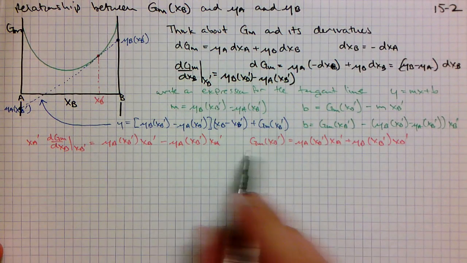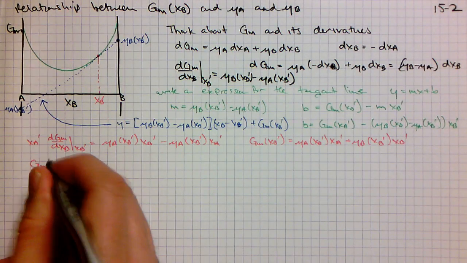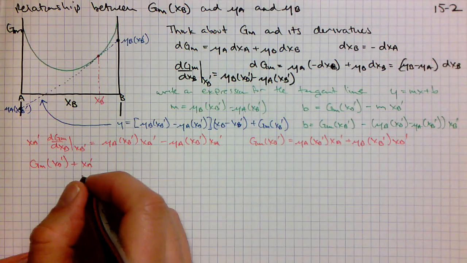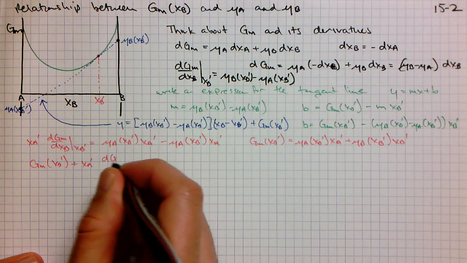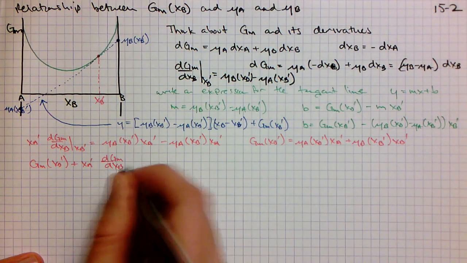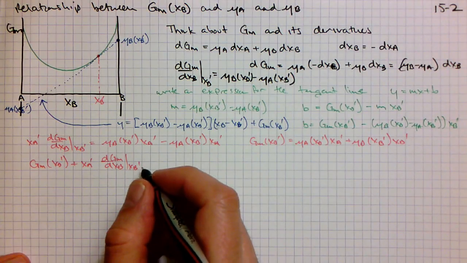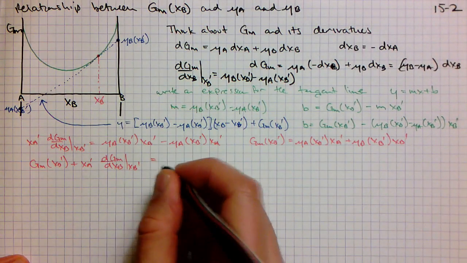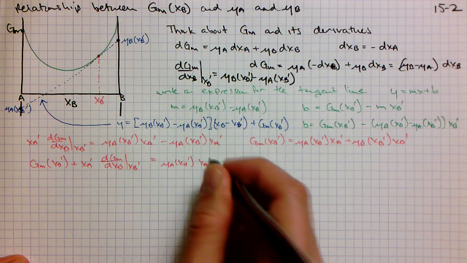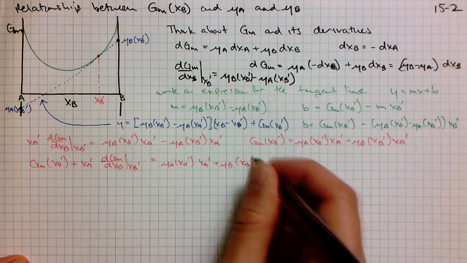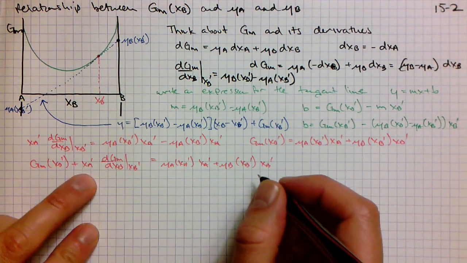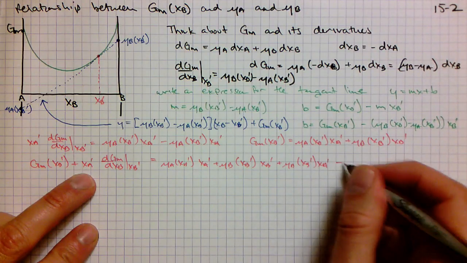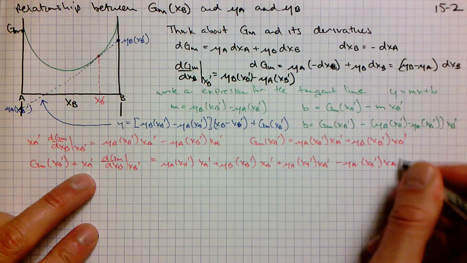We can say that if we take the value of gm at xb prime and we add xa prime times dgm/dxb at xb prime, that's going to be equal to, now we're just taking this expression, mu a xb prime xa prime plus mu b xb prime xb prime, and now we're adding this expression, so we have plus mu b xb prime xa prime minus mu a xb prime xa prime, right?